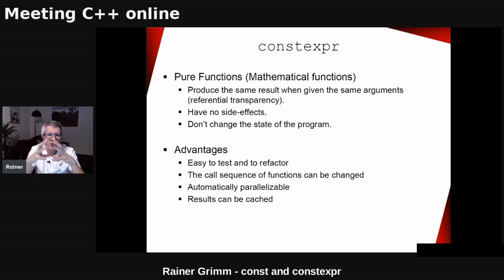A pure function has no side effect. A pure function only works in itself. You cannot see something which happens inside, outside. A pure function doesn't change the state of the program. Okay. And what are the benefits? I'm a big fan of pure functions, or constexpr to say it differently, or consteval, to which I will come later. They are easy to test and to refactor.